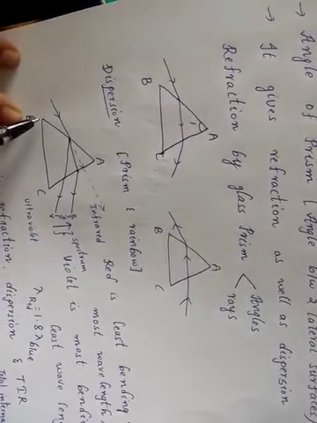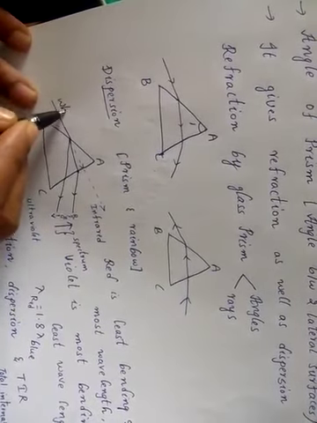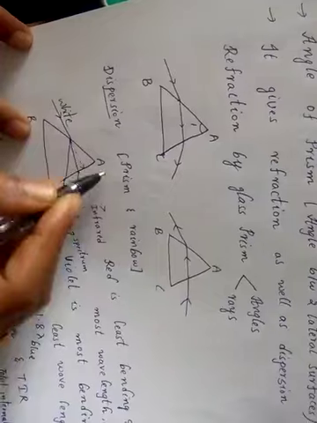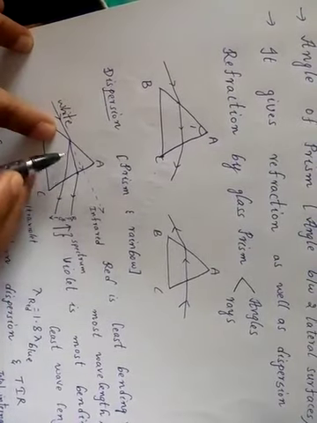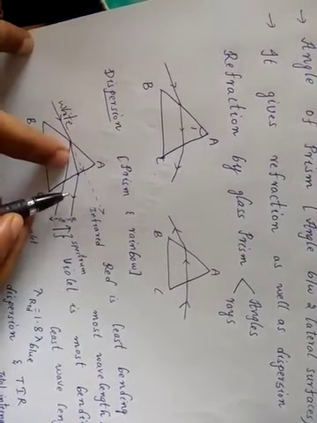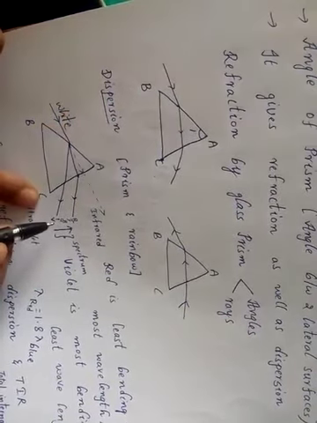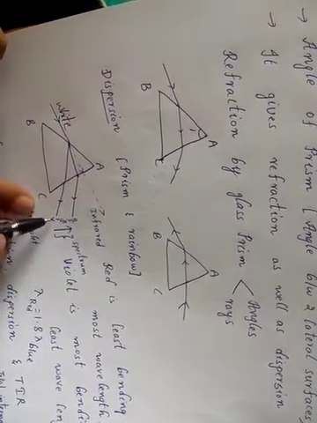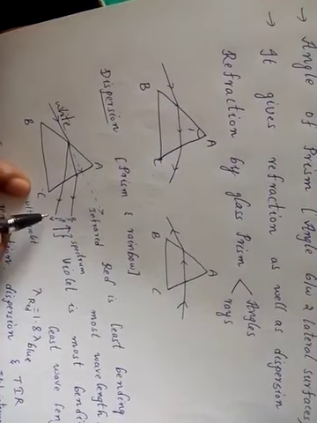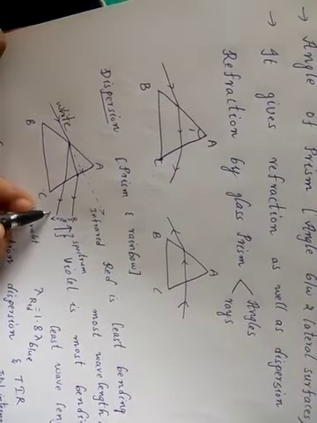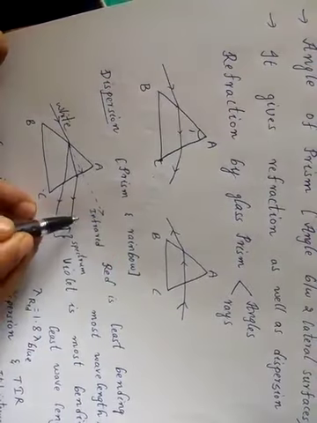So here you can see white light is falling on AB surface, then the light will disperse at this surface itself and it will go outside with 7 colors, starting at base with violet. At top it becomes red.